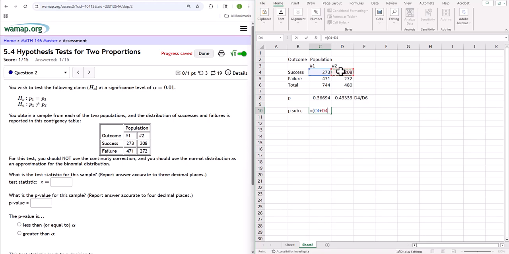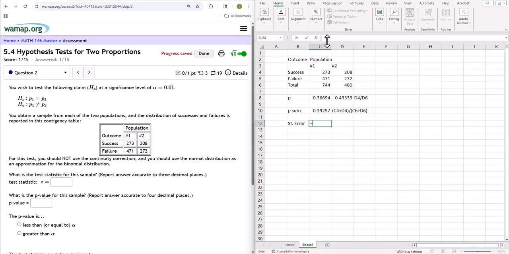I guess I could possibly use the sum function since they're stacked right next to each other. And then I have to add up n sub 1 and n sub 2. So taking the successes and adding them together, and taking the sum of the sample sizes and adding them together. And this is our pooled proportion, which we need to find our standard error.